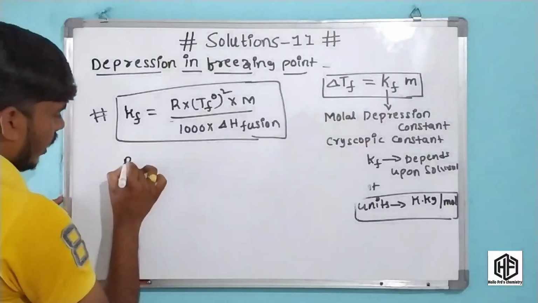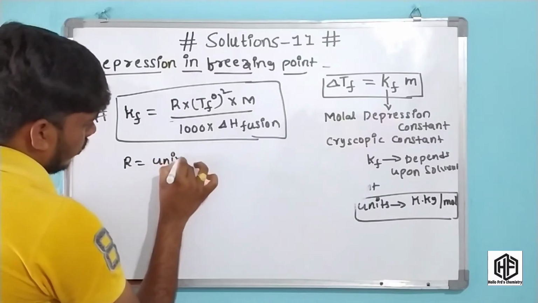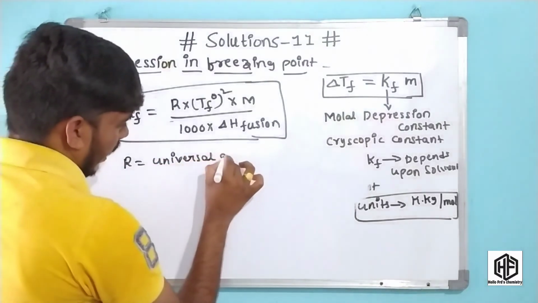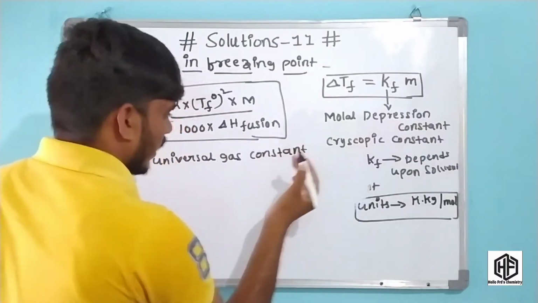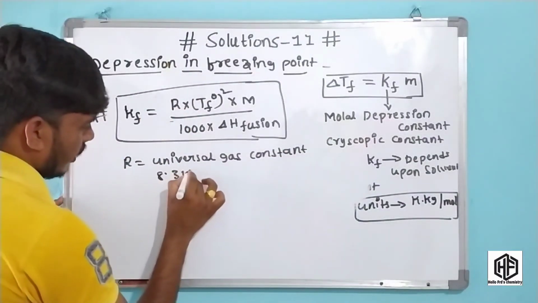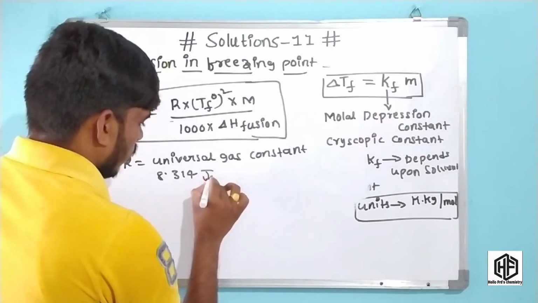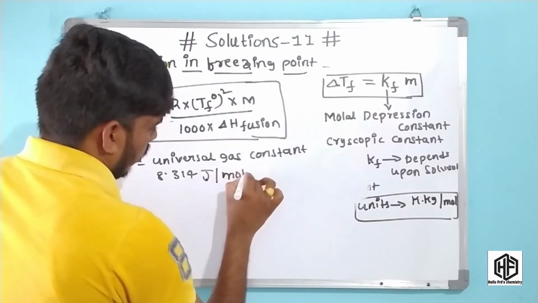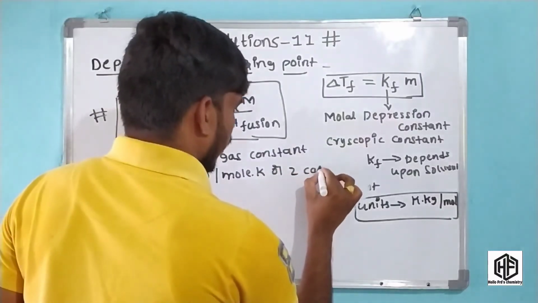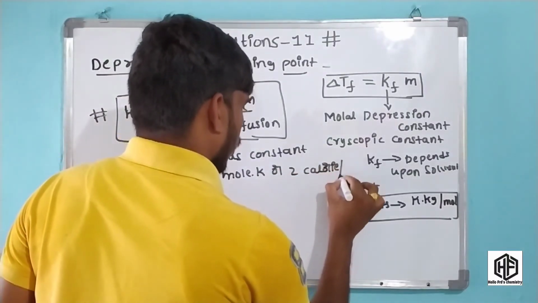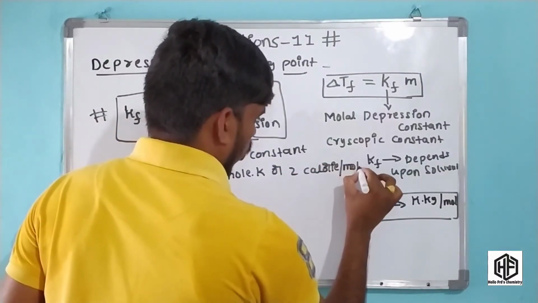Here R is the universal gas constant, whose value is 8.314 joules per mole Kelvin or 2 calories per mole Kelvin.